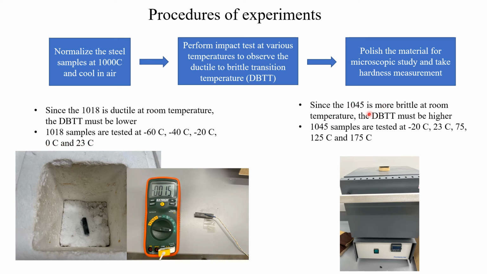For the other group, they have 1045 steel, because this steel is more brittle at room temperature. So they're going to raise the temperature using the furnace. They're going to test the sample at these 5 different temperature points: minus 20 C, 23 C, 75 C, 125 C, and 175 C. Once you finish the impact test, you're going to polish the material and take the hardness measurement.